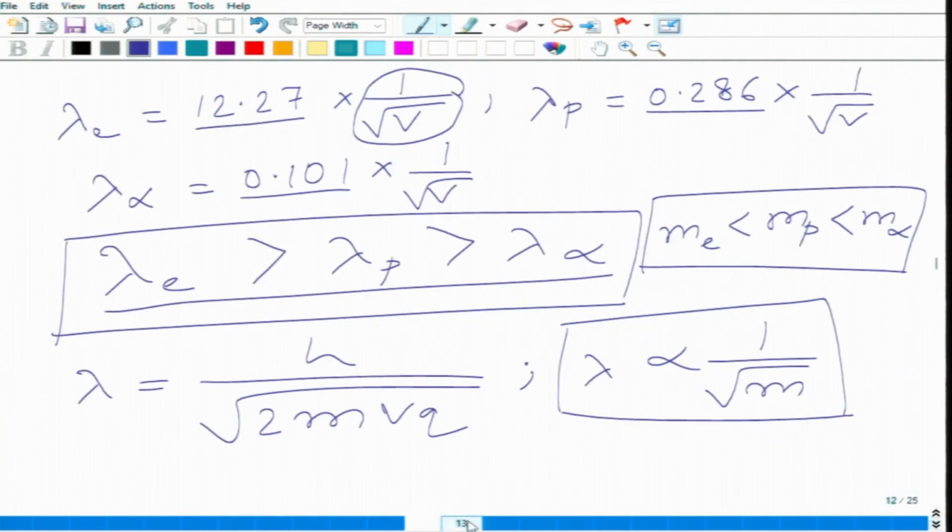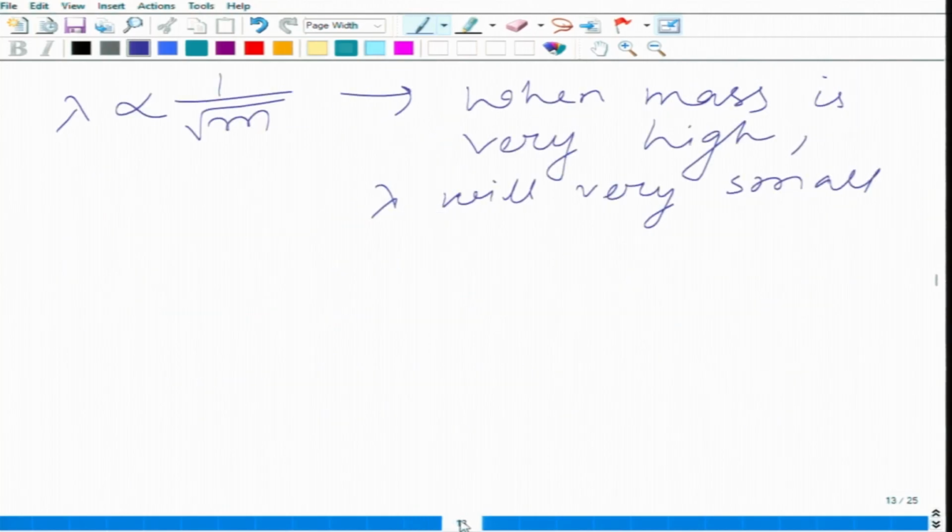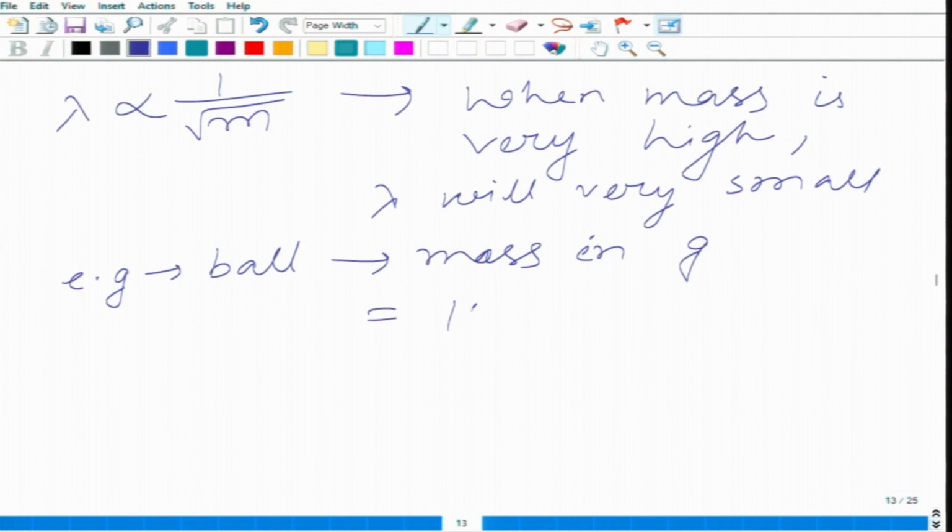Now, for macroscopic elements, what happens? For example, a ball, it has a mass in grams. Grams means 10 to the power minus 3 kg.